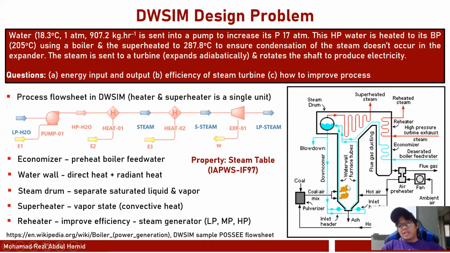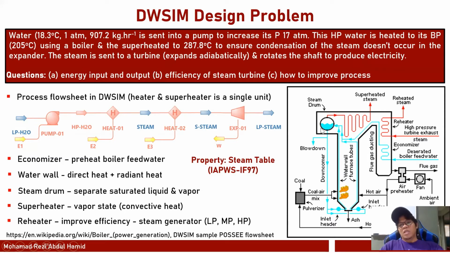The water in this area will be subjected to what is known as direct heat, where the heat will be transferred directly and through radiant heat. This water will turn into saturated water, and then it goes into a steam drum.